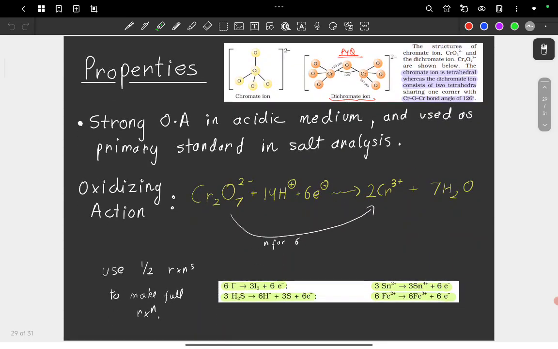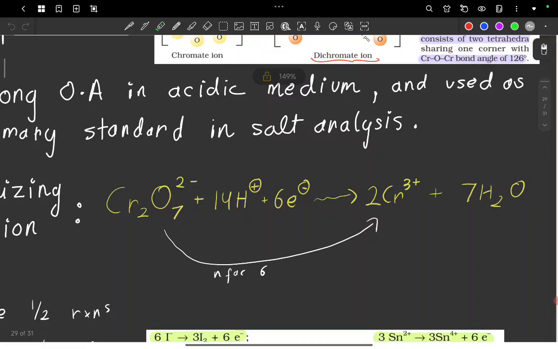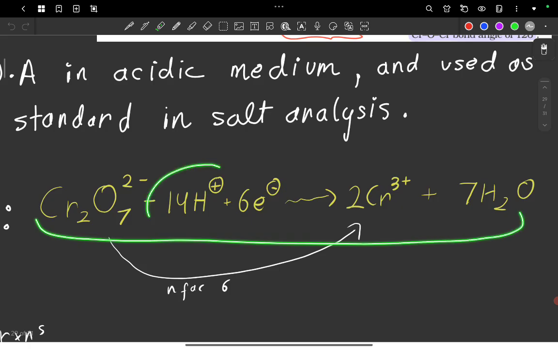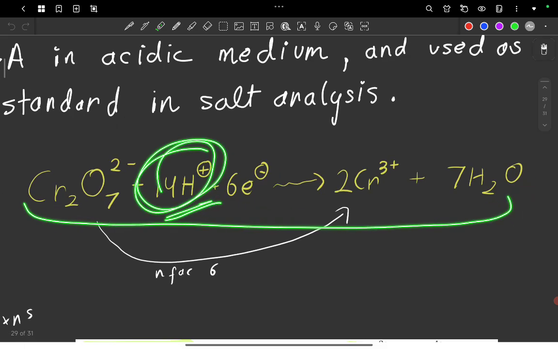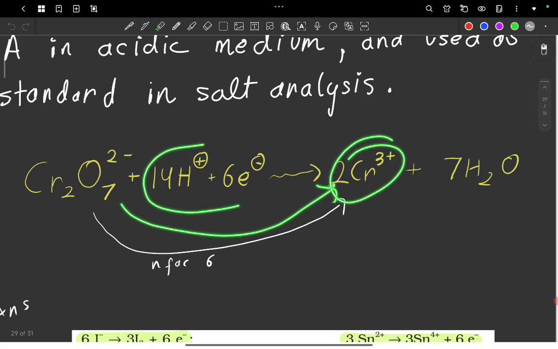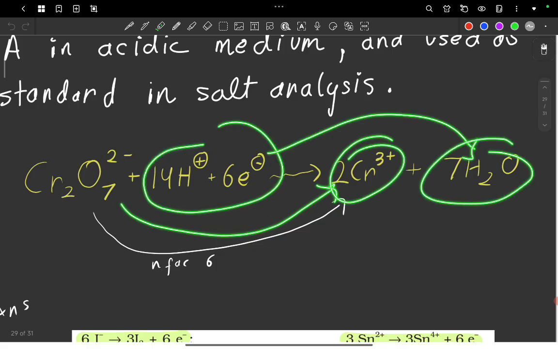More importantly, what is the oxidizing action of the dichromate? This is the oxidizing action with n-factor 6. And keep in mind, this happens in acidic medium only, as you can see by the H plus. Basically, the Cr2O7 2 minus reduces into Cr3 plus, and these are the side products.